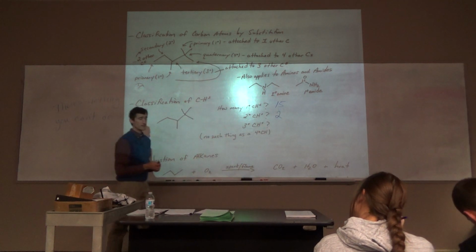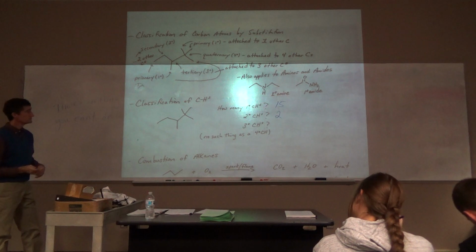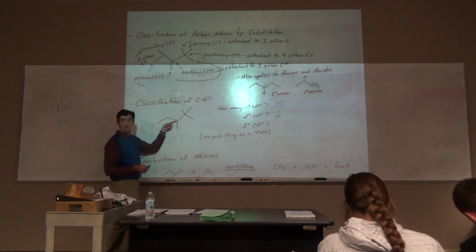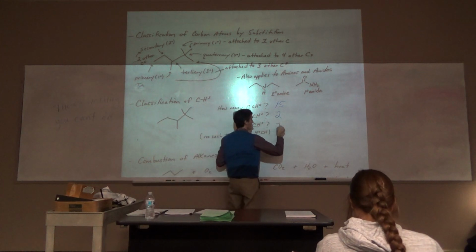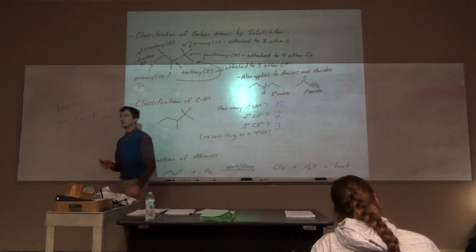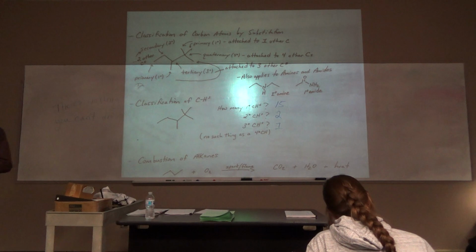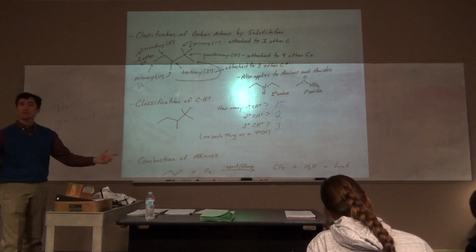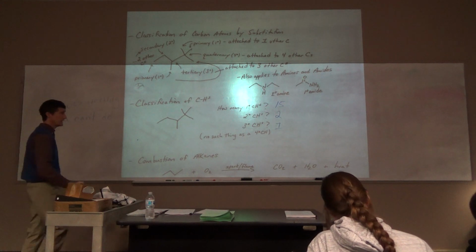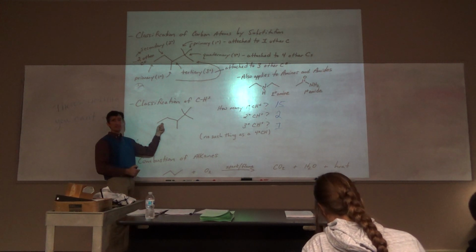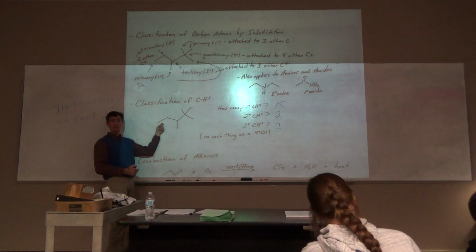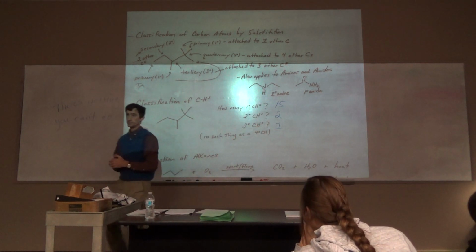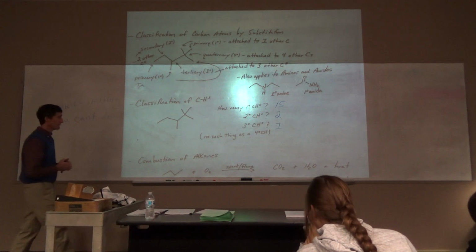How many tertiary CHs? One tertiary carbon. How many H's on that carbon? 1. How many quaternary CHs? No such thing, because a quaternary carbon cannot also be bonded to an H. It would have 5 bonds. There's 18 hydrogens in this molecule, and the 18 have been classified this way.